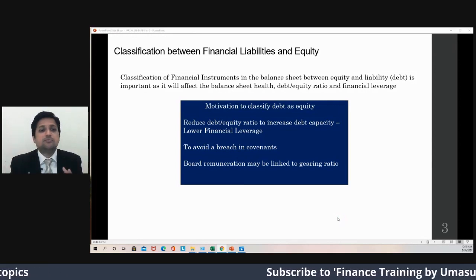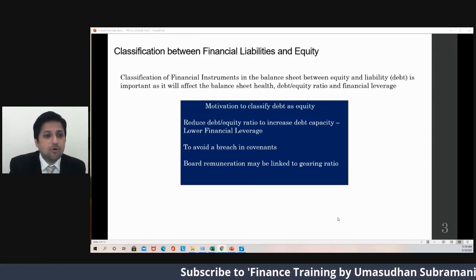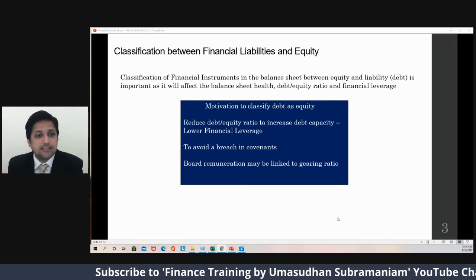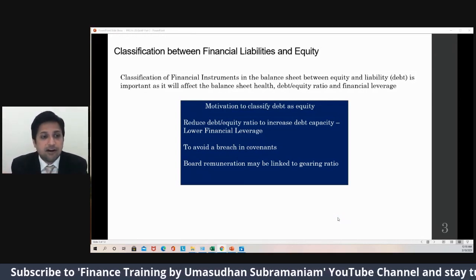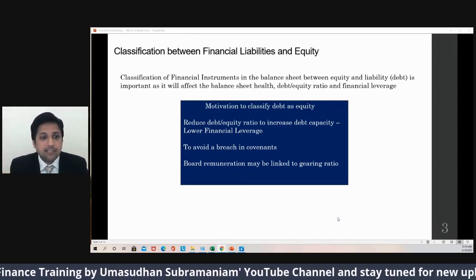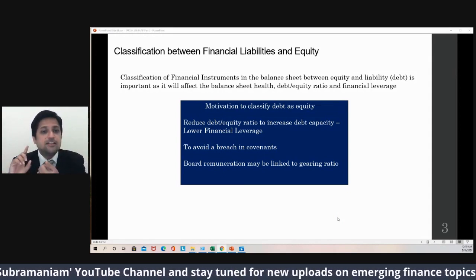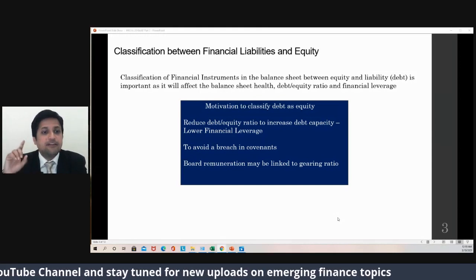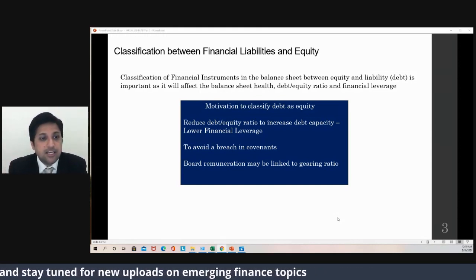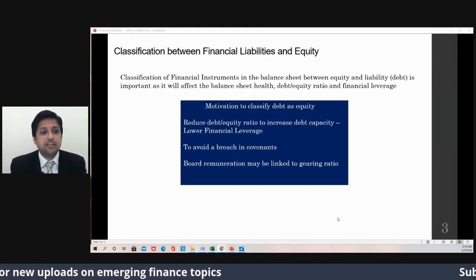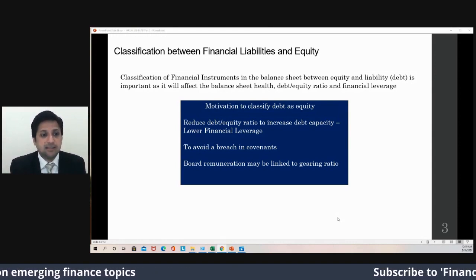It is important to recognize that there are many motivations for organizations to misclassify a financial liability into an equity instrument in order to reduce the debt to equity ratio, reduce the financial leverage, which can help the companies to increase the debt capacity.